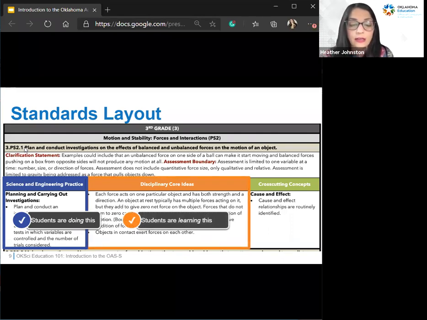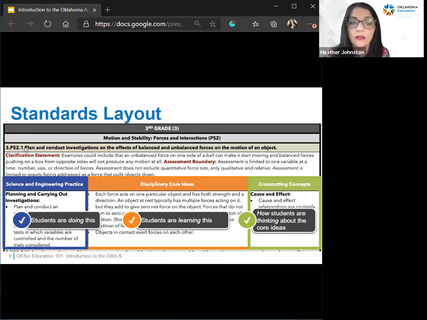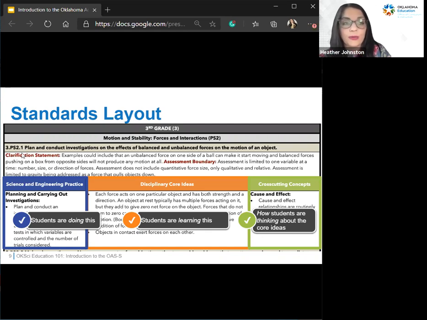These are the science content that students are learning. And then we have the cross-cutting concepts. And the cross-cutting concepts are how students are thinking about the core ideas. All 3 of these build up to the performance expectation, and we're going to talk about how the foundational boxes support the standard.